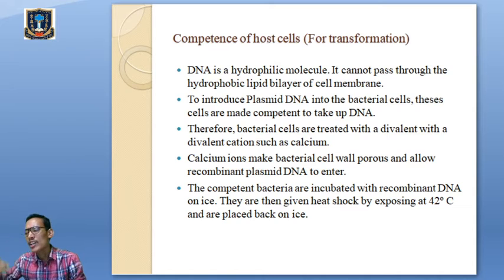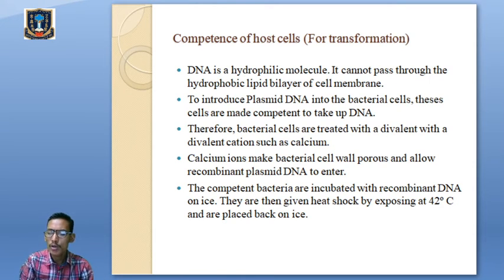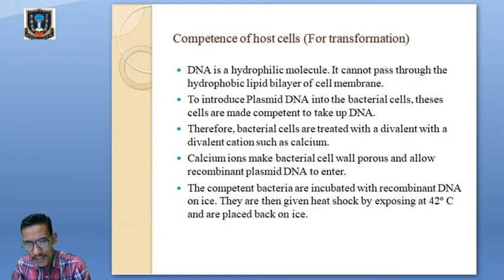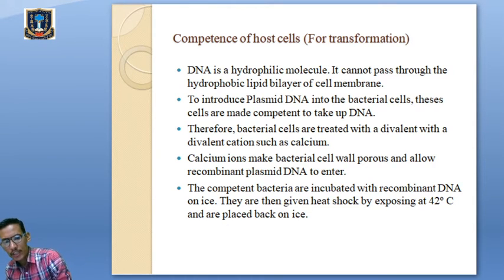Then it will be given a heat shock treatment. They will be exposed to a temperature of about 42 degrees Celsius, and again they will be placed on ice. In this way the host cells, the E. coli cells, will be made competent in order to receive the recombinant DNA or to undergo transformation.